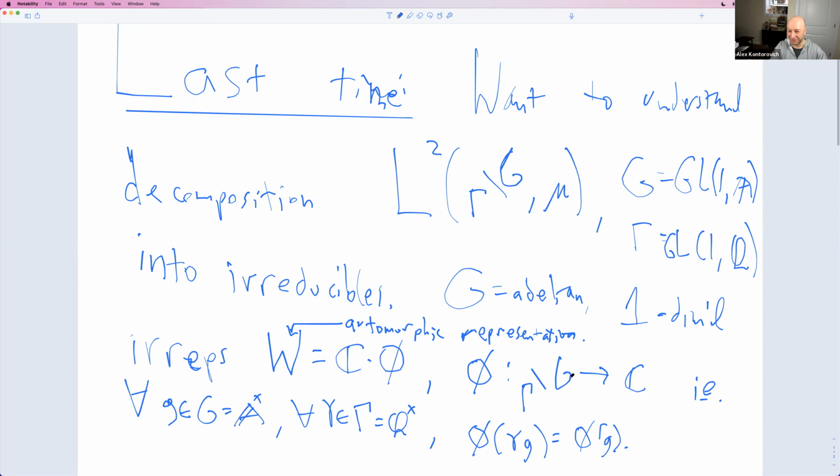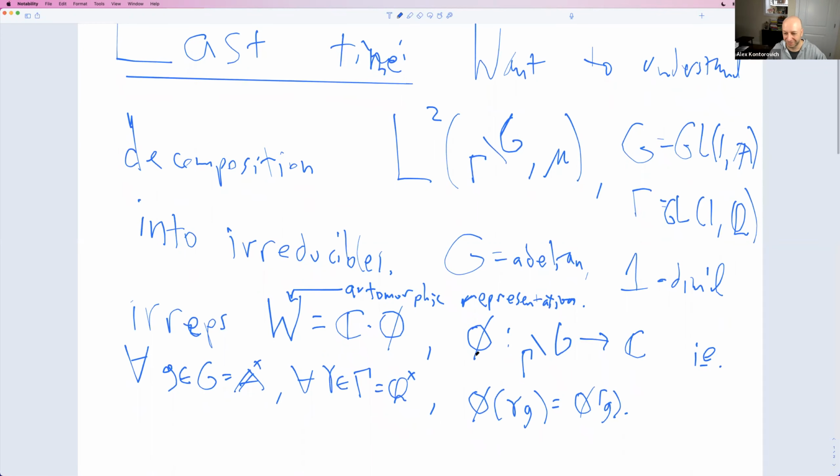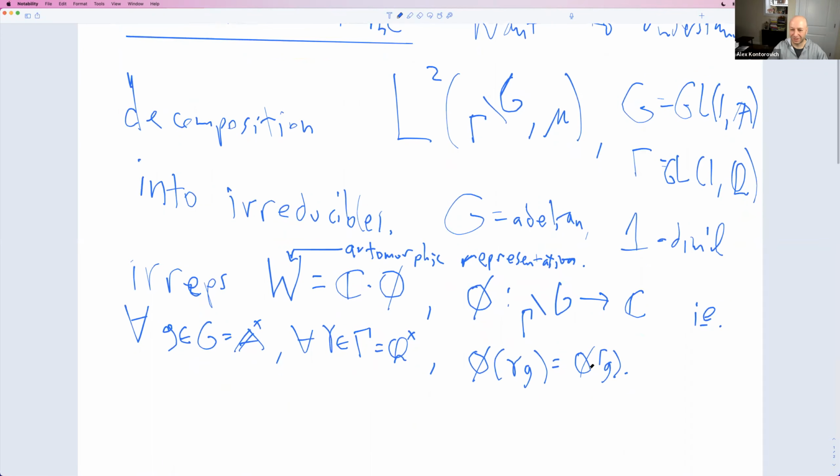The exponential function is an instance of this with the reals modulo the integers. Some people write this as phi being a function on gamma cosets.